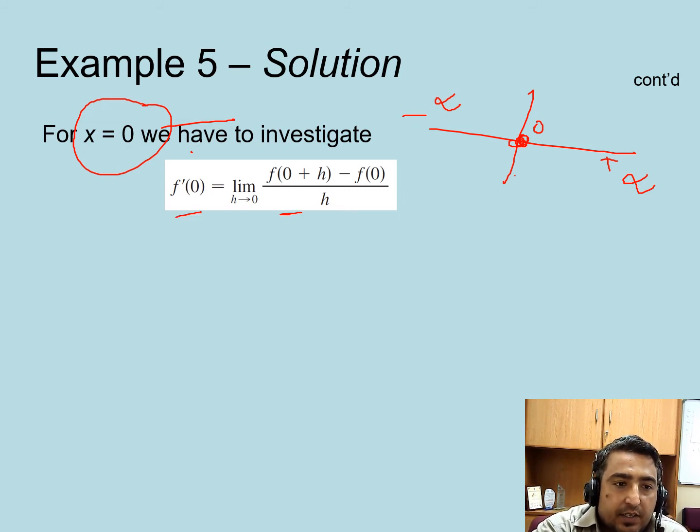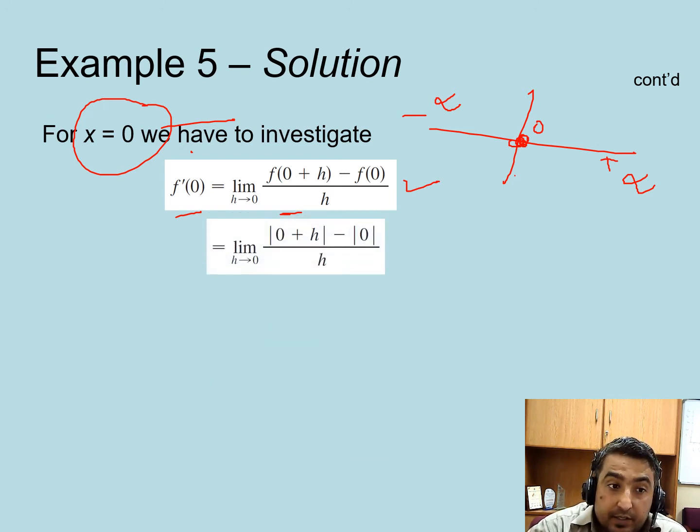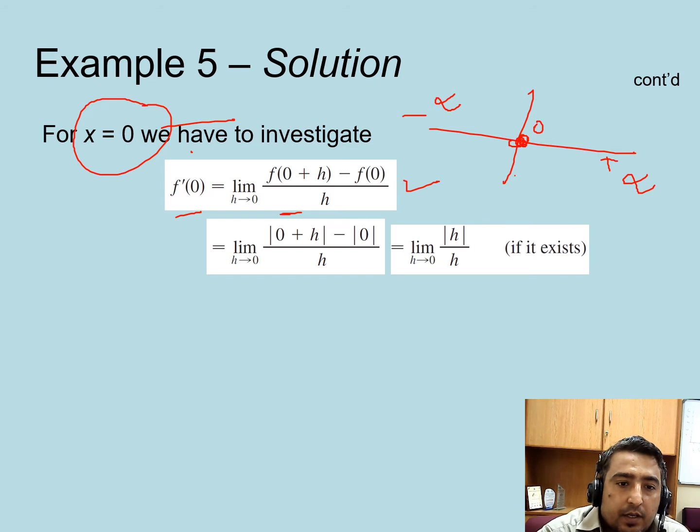Now by the definition, f of 0 plus h is a certainly smaller quantity, and f is this modulus of 0 plus h minus this, and again simplifying we get this quantity. Now what do you think, does this exist? This limit does not exist, because from the left hand side it is equal to minus h, and from the right hand side it is equal to positive h.